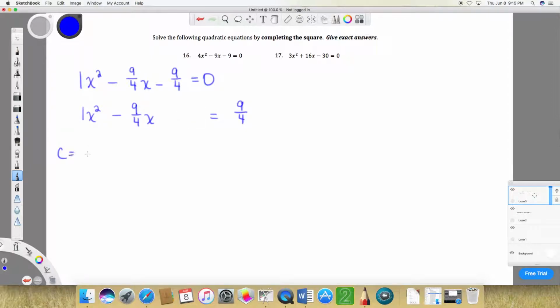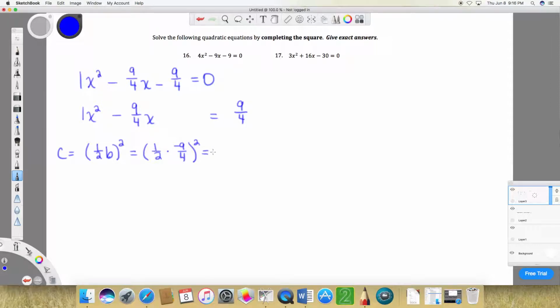And that value of C is to always take half of this middle term, and maybe in this case, since this is a fraction, rather than writing it as divided by 2, I'll write it as 1/2 times B quantity squared. What is that? Well, let's take 1/2 times -9/4 and square that.